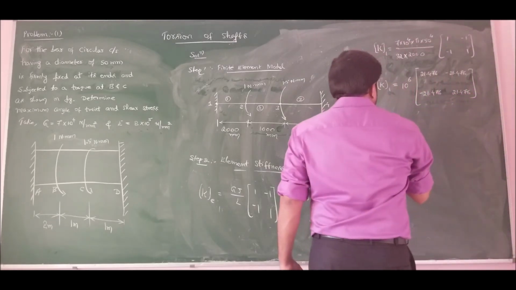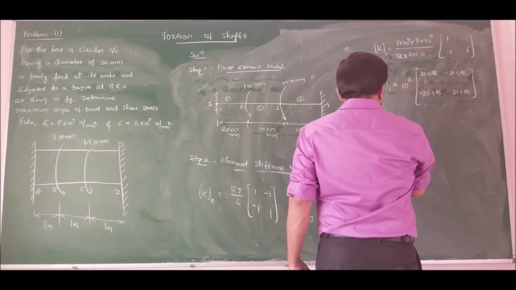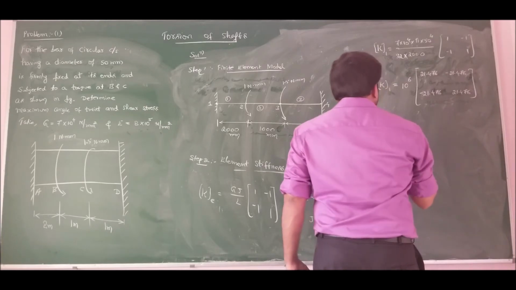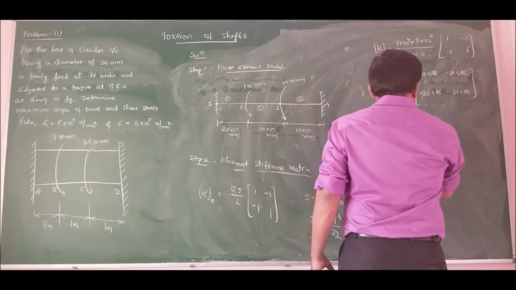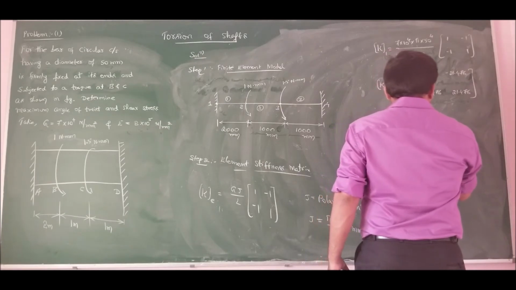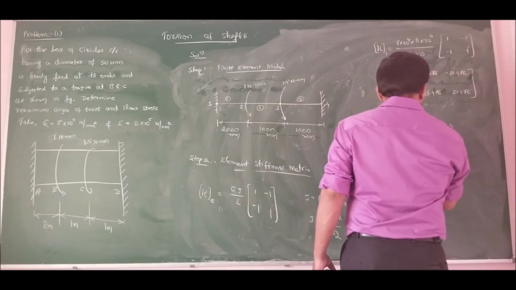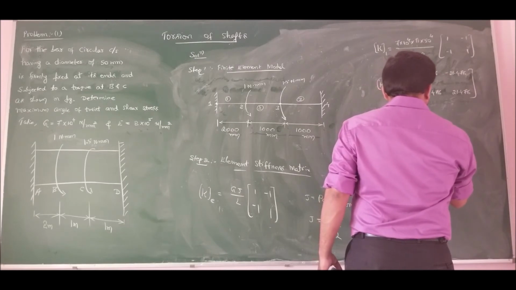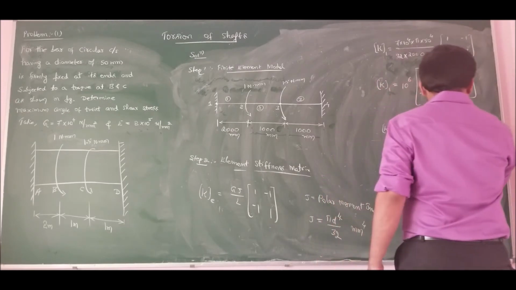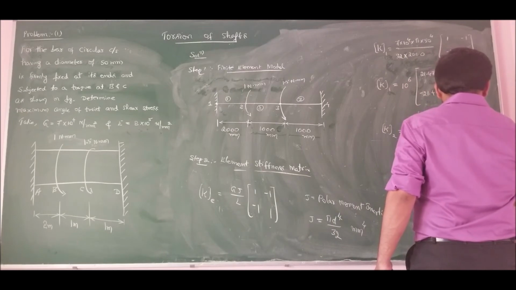Similarly, if I solve for element 2, I have 7 into 10 to the power of 4, again J is pi d to the power of 4 by 32, divided by the length of 1000, with the matrix [1 -1; -1 1].